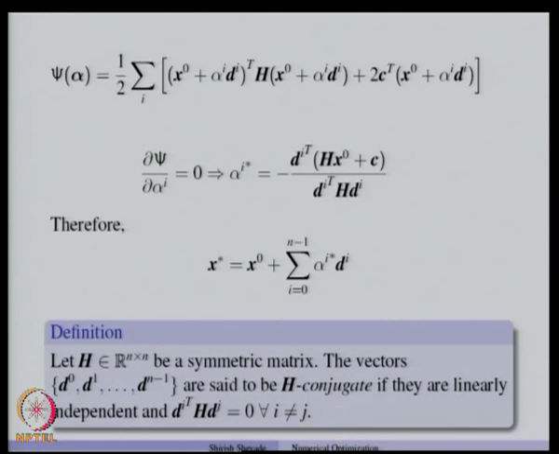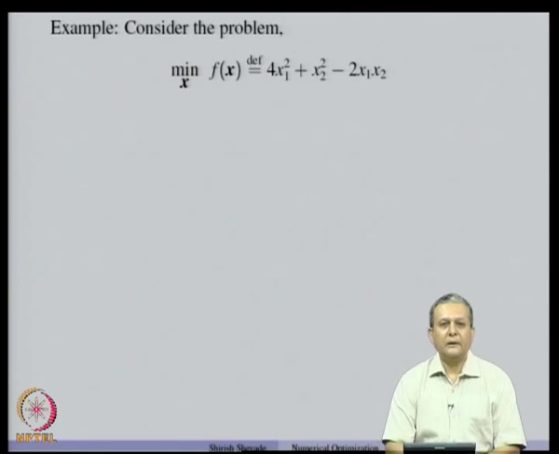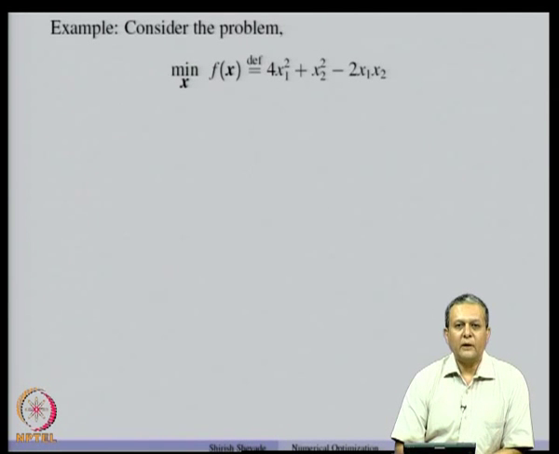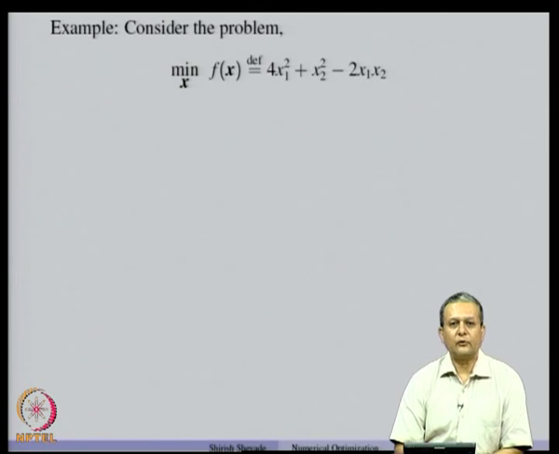And now, let us consider the same problem formulation that we saw last time. We have this problem where we want to minimize 4 x 1 square plus x 2 square minus 2 x 1 x 2.